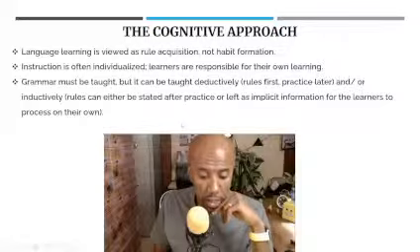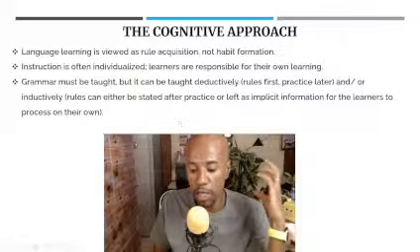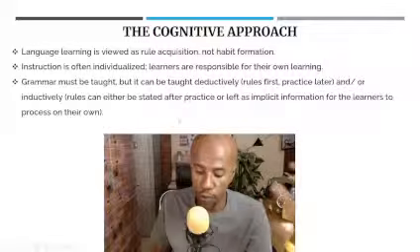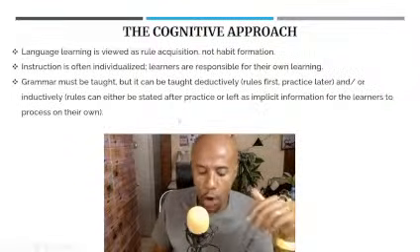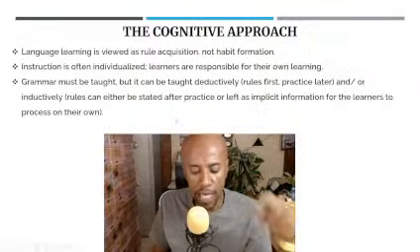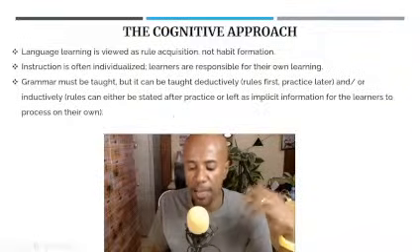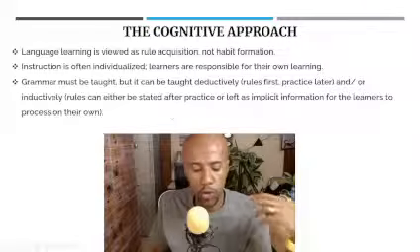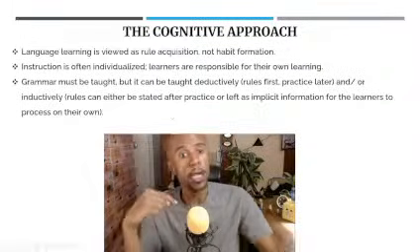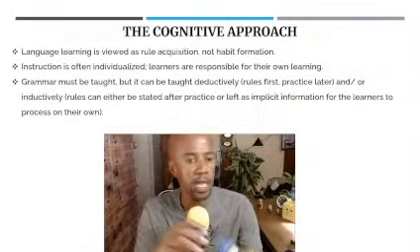Grammar must be taught, but it can be taught deductively, rules first, practice later, or inductively, where rules can either be stated after practice or left as implicit information for the learners to process on their own. But we have here knowing about the language.